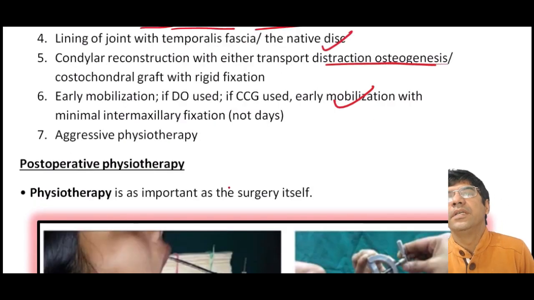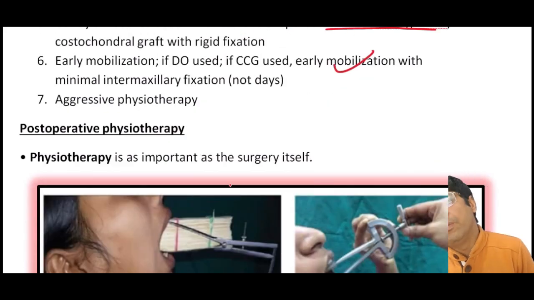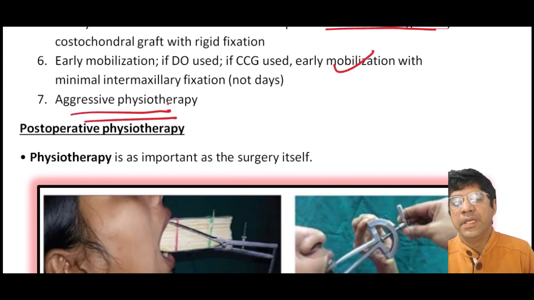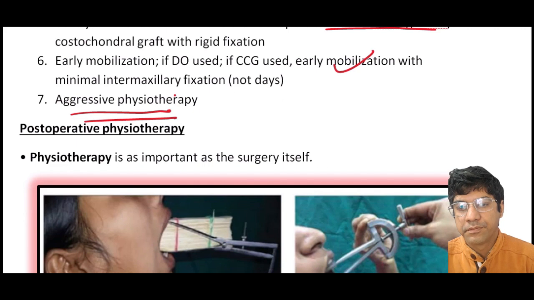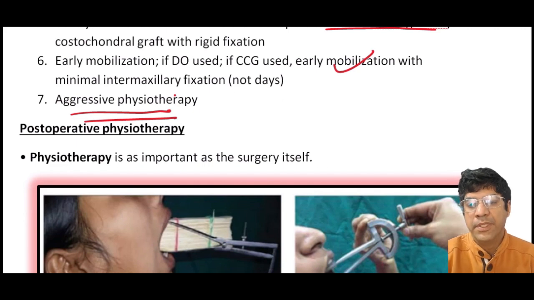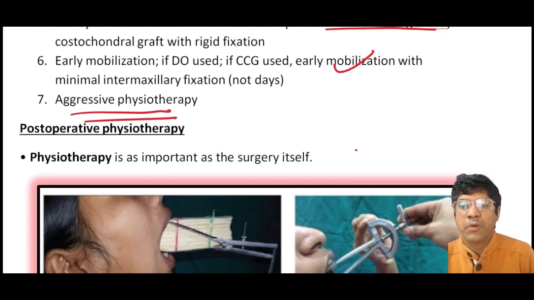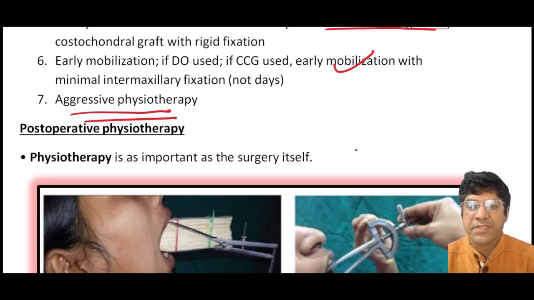Early mobilization and aggressive physiotherapy is done. So these are Kaban's protocol. These protocols appear to be a structured approach for treating TMJ ankylosis, involving surgical intervention, joint reconstruction, and rehabilitation measures to restore jaw movement and function.